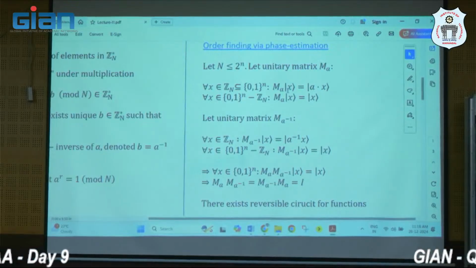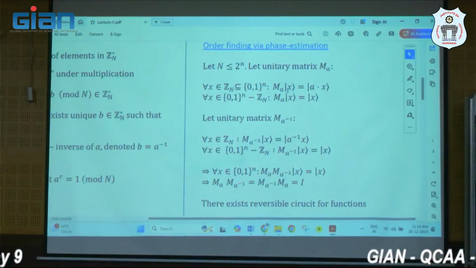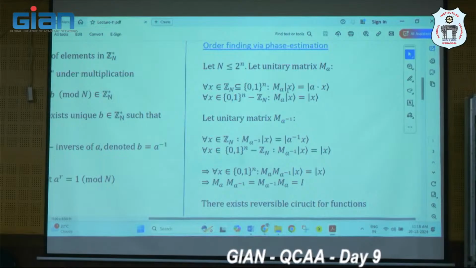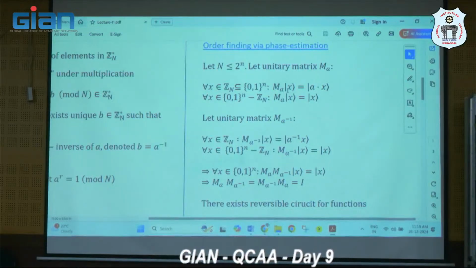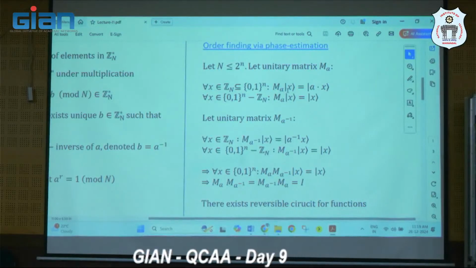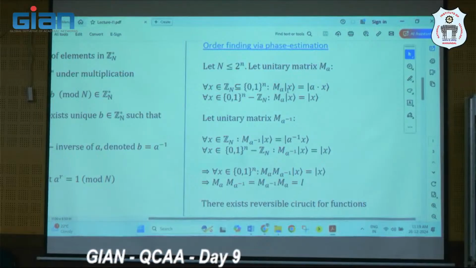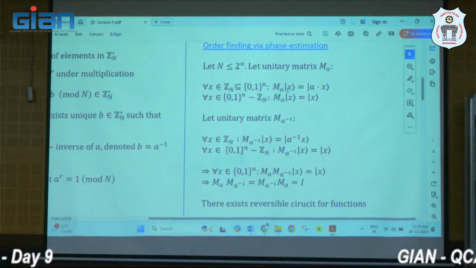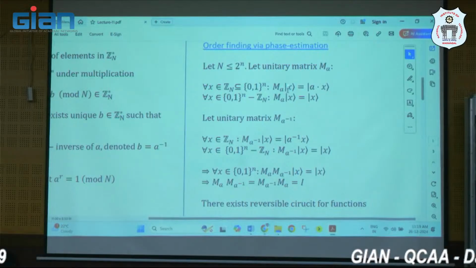So they must go to different values, correct? Because a has a multiplicative inverse. Agreed? So it must be a one-to-one map. Multiplication must be a one-to-one map. Good. So this is a unitary.